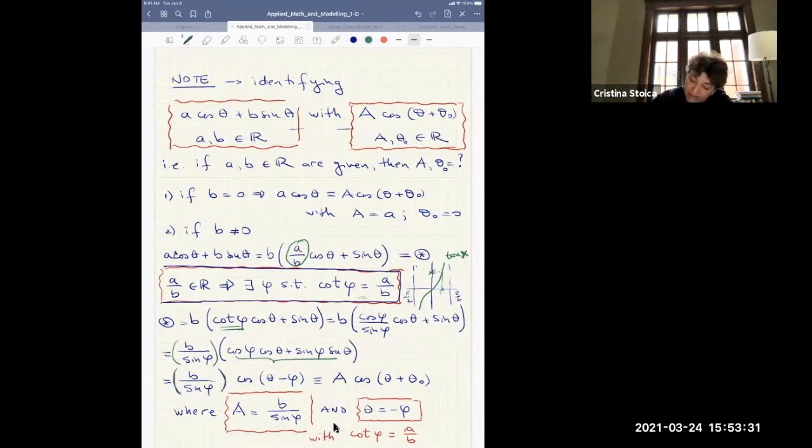So here is my identification. The amplitude is b over sine phi, where phi is that angle for which cot is a over b, and theta naught is minus phi. And if I give you this on the final with no notes, everybody dies. But it's an exercise. It should be done somewhere.